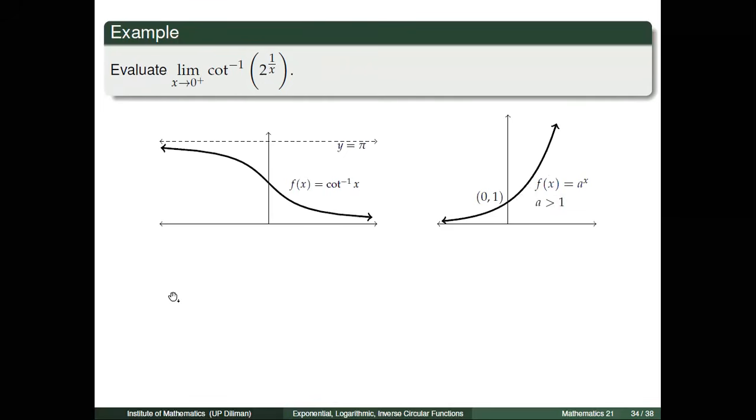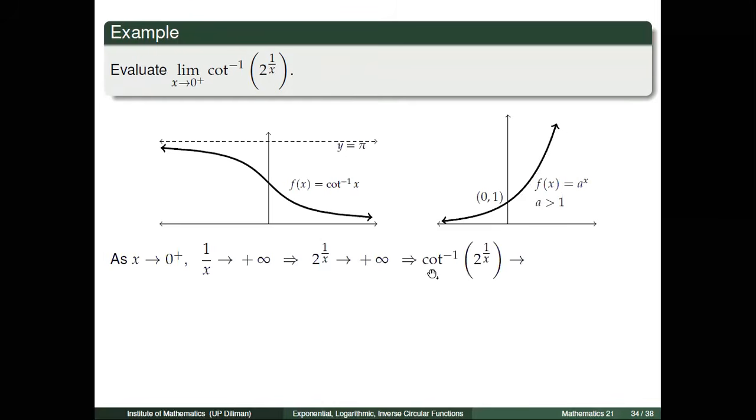Again, we proceed from inside out. So as x approaches 0 from the right, 1 over x approaches positive infinity. So the exponent of 2 approaches positive infinity. Therefore, 2 raised to that exponent also approaches positive infinity from this graph.